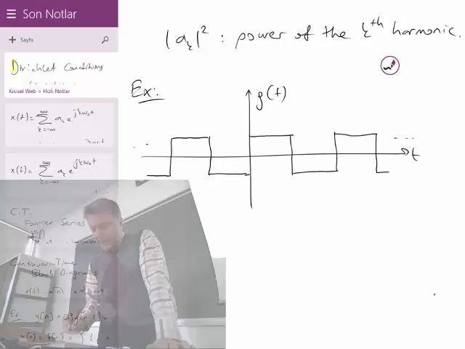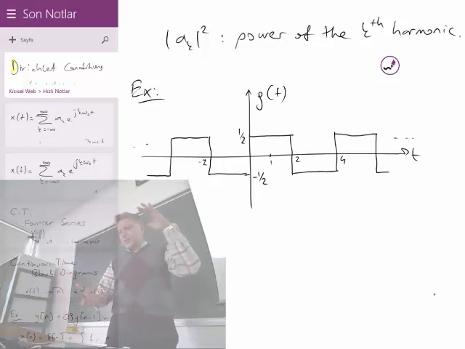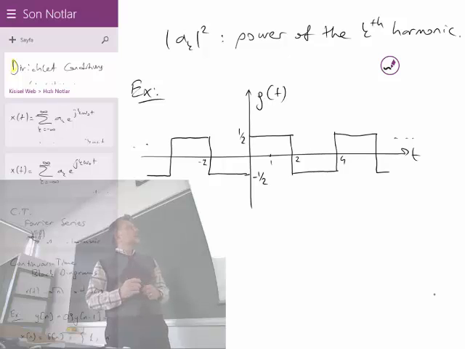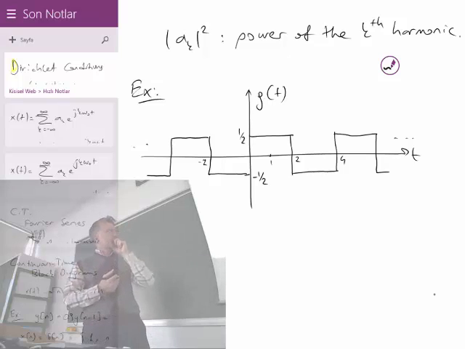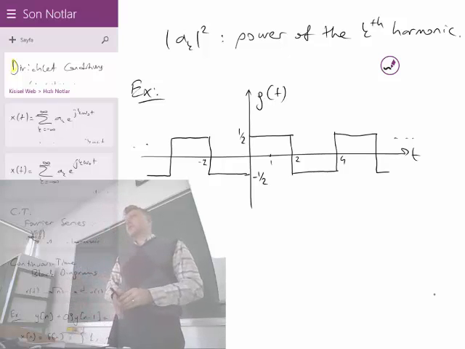These points are labeled: this is 2, this is 4, you have a 1 here, and this is minus 2, and the values are 1 over 2 and minus 1 over 2. These are the level values. It looks like a digital pulse or something like that. And the question is, of course, what are the Fourier series coefficients of this thing?